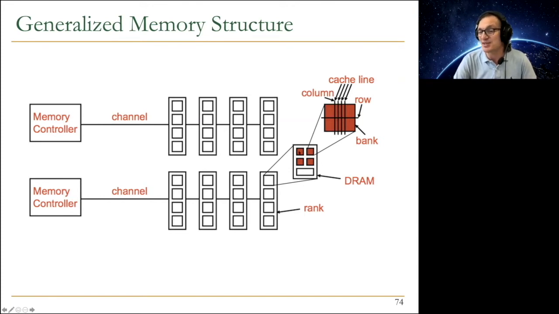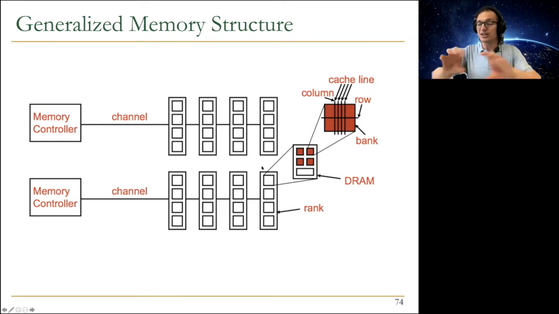A single DRAM chip may have 4 banks, as you can see over here. And a DRAM module may have 4 ranks. I'm not going to go into the details of ranks right now, but you're going to see a picture of it later on. With DRAM, the goal is to minimize the cost as much as possible while not destroying the latencies, let's say. As a result, the DRAM chip is small.